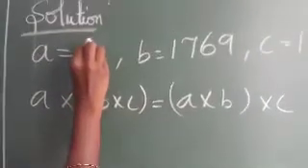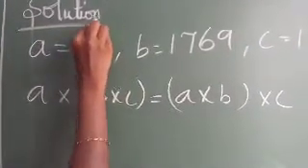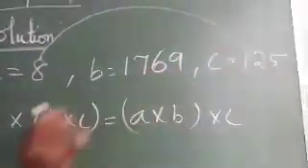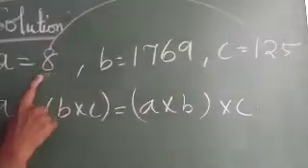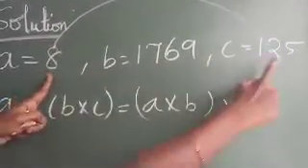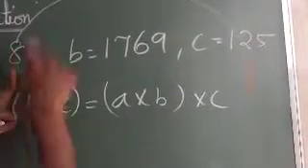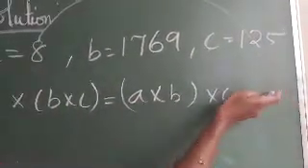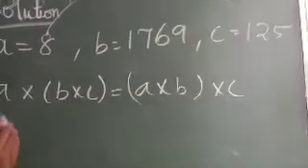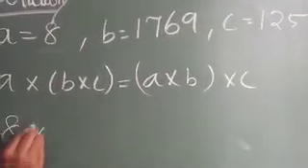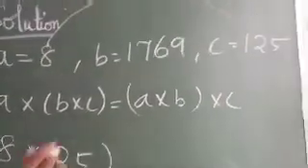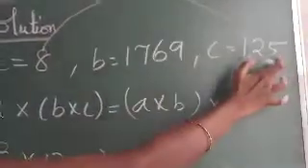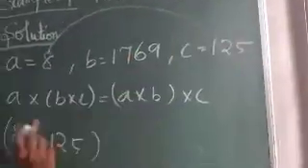See, it is easier if you multiply 8 and 125 first, because here the unit digit is 8 and here it is 5. You simply multiply 8 into 5 is 40, so it is nearer to 100. So it becomes easier. Now if you multiply 8 and 125, it is nearest to 1000.